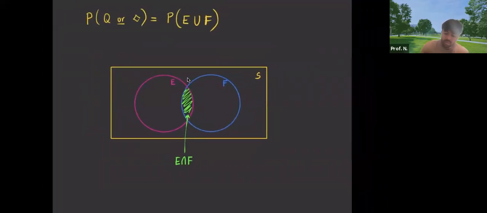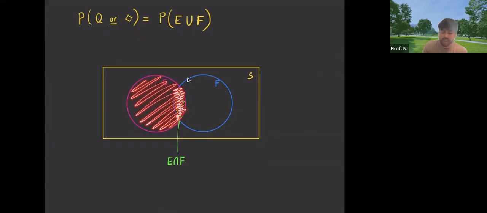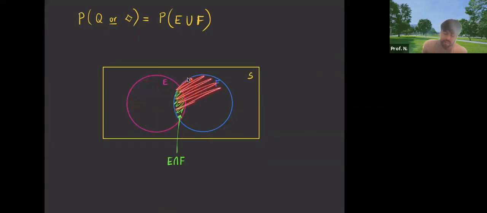Now, normally, what do we do when we consider the probability of two disjoint, mutually exclusive events? We find the probability of one, and then we add it with the probability of the other. In doing so, for sets that are not mutually exclusive, that have an overlap, if I count the probability of E, I'm considering this portion here. And then when I tabulate the probability of F, I'm also counting this region again.